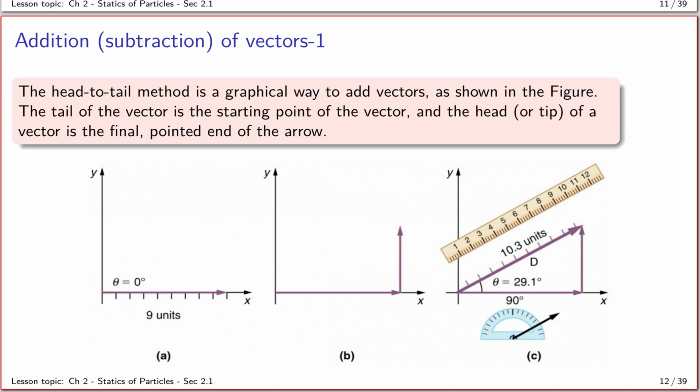Basically you take every subsequent vector, the tail of that vector, and align it to the head of the previous vector. And then finally you join the resulting tail to tip, and you have your final vector. So this is called the graphical method.